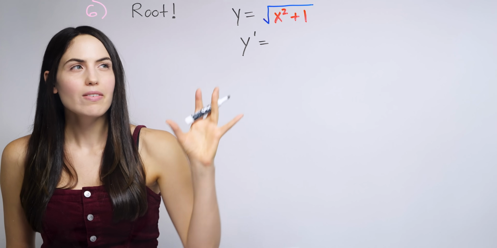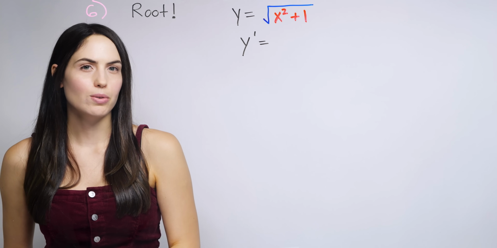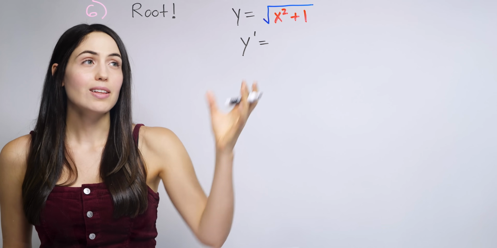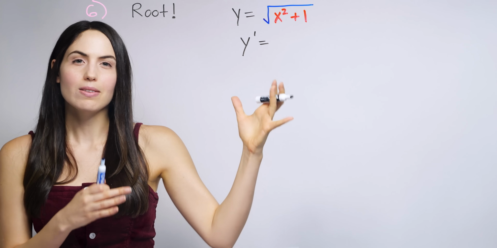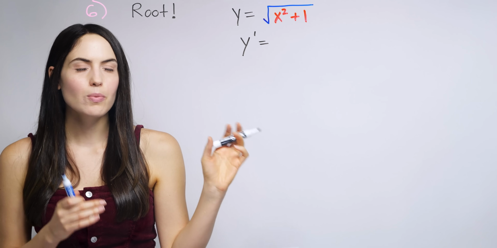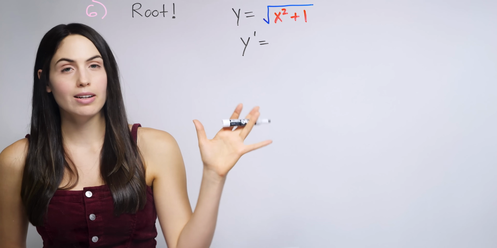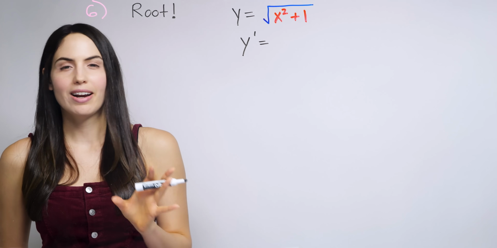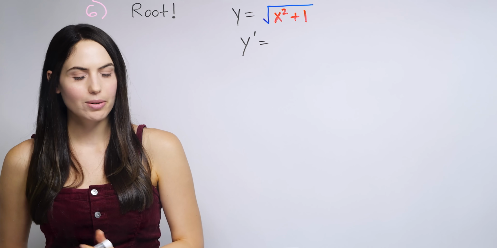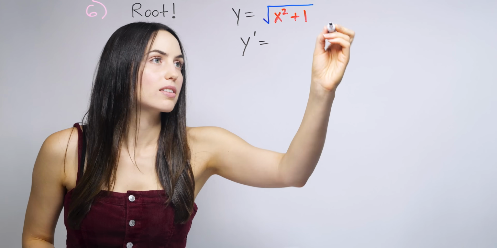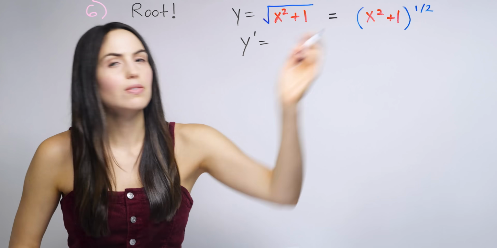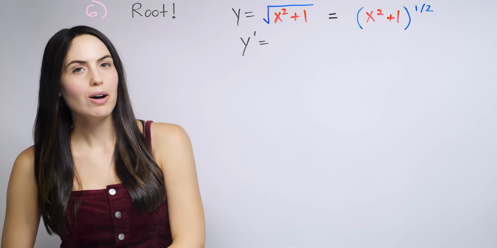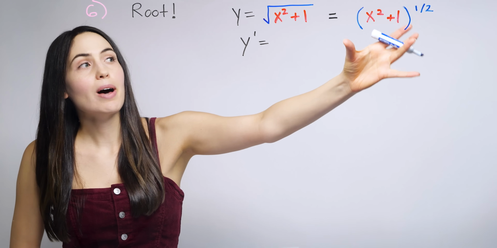So for this one, we have x squared plus 1 under a root, a square root. That square root is our outside outer function. And whenever you have a root of any kind, before you take the derivative, it's going to be easier to rewrite it in the form of a fraction power. 1/2 power, so we can use the power rule, but our outside function is a power to the 1/2.